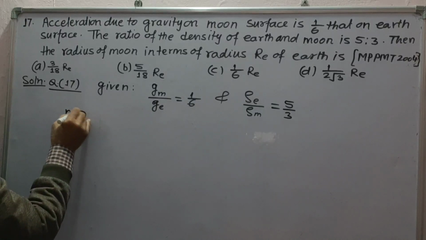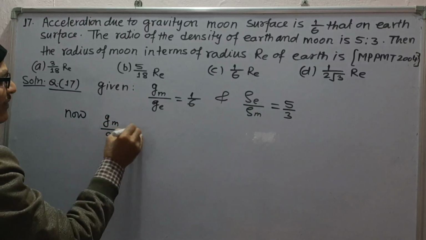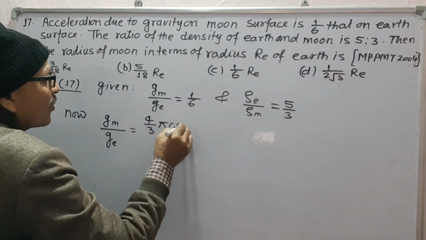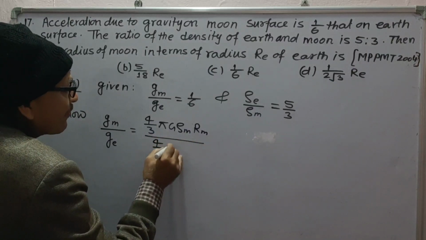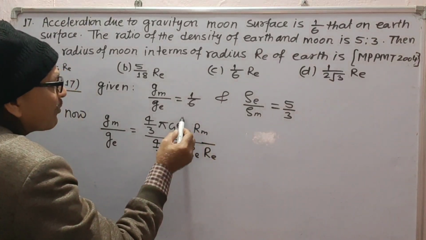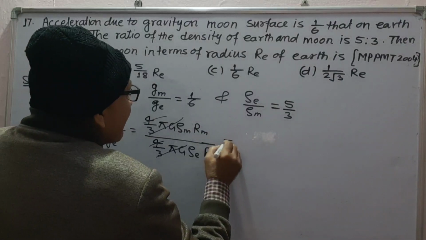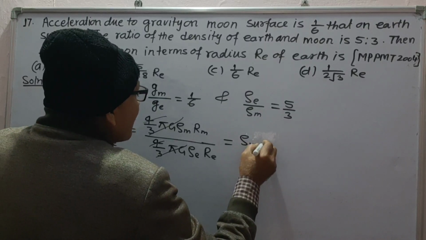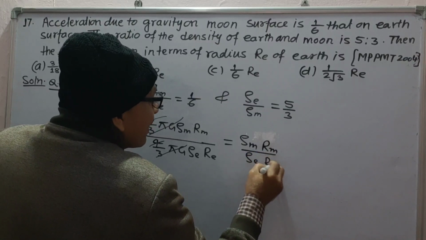Now G moon upon G on earth surface can be written as 4/3 pi G rho of moon r of moon upon 4/3 pi G rho of earth r of earth. 4/3 pi G cancels out and we get rho of moon r of moon upon rho of earth r of earth.